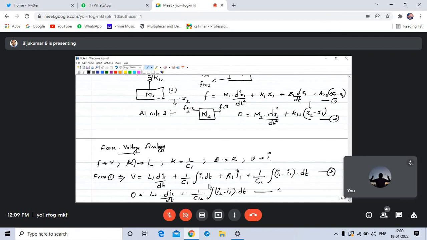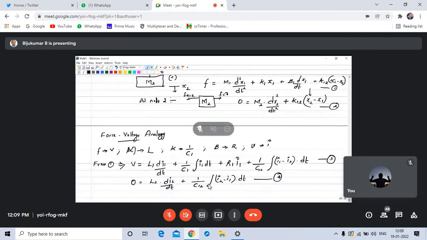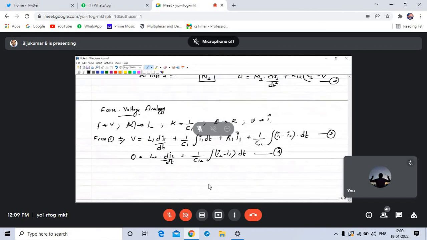Equation number 4. Right? Any doubt? Because simply you are replacing the analogous elements with electrical parameters, right? So I know the two voltage equations, equation number 3 and 4. Now I have to draw the corresponding electrical circuit.